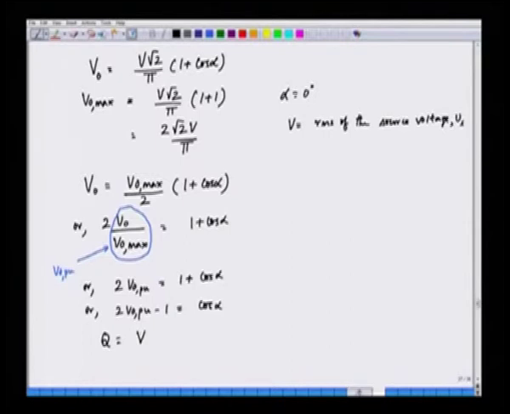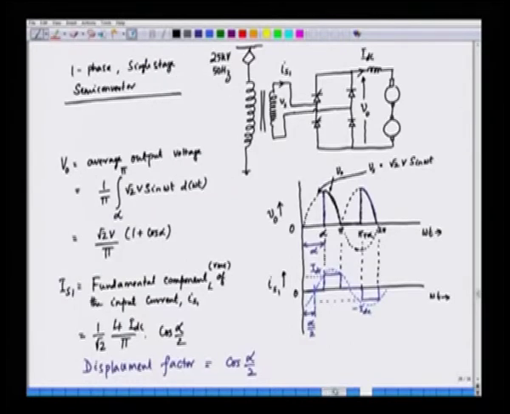We will go back and see the input current here. The input current is given by this expression, that is equal to 2 into root 2 IDC by pi into cos alpha by 2.